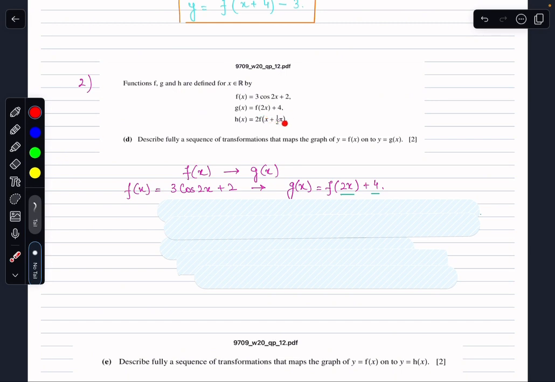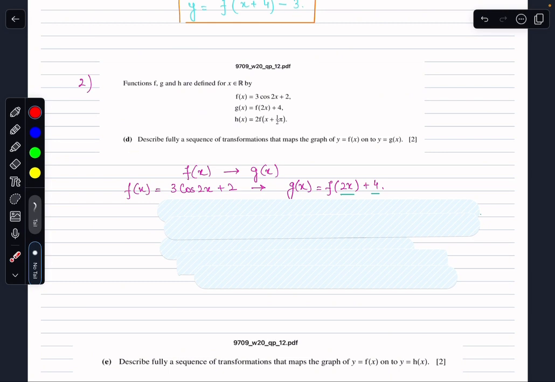So x plus pi by 2 shows a horizontal translation by -pi by 2. We know that the sign has to change. So it's a translation in the x direction by -pi by 2. And then we have this factor 2 outside the function, meaning it is going to get stretched in the y direction by a factor of 2.